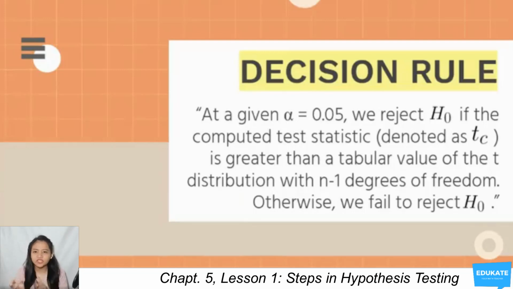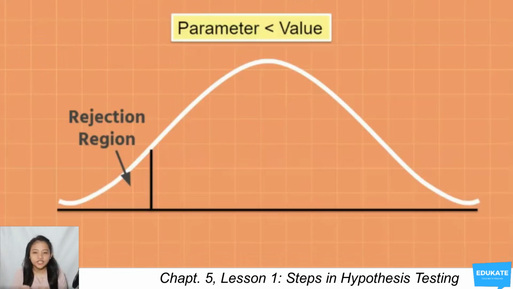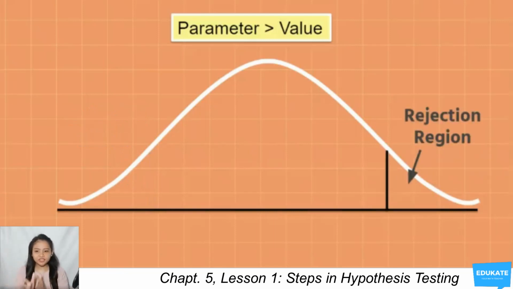So how about the rejection region? Your rejection region is identified as follows. If you have your alternative hypothesis with your parameter less than the value, your rejection region falls on the left tail. If you have an alternative hypothesis where you have the parameter greater than the value, kung kanina left tail, ngayon right tail tayo.